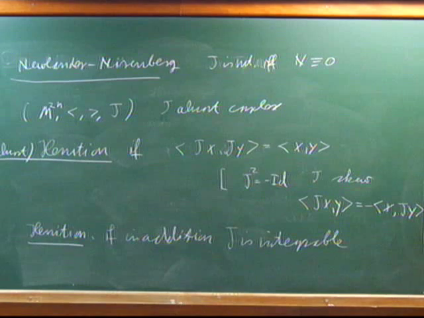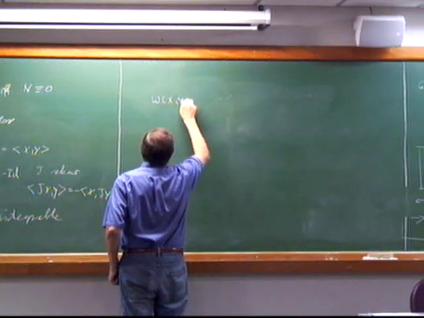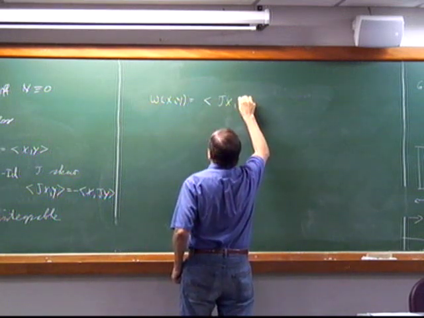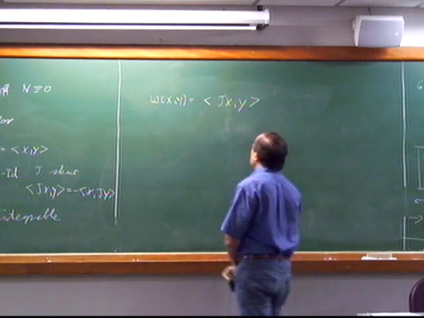If I have such a Hermitian manifold, I can define a two-form associated to this, which is the metric with a J put in it.